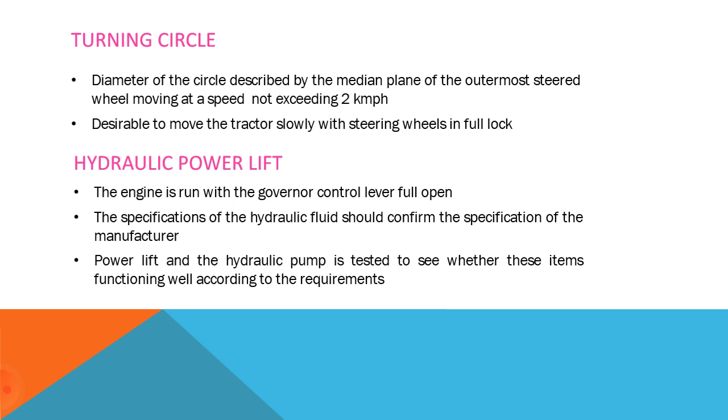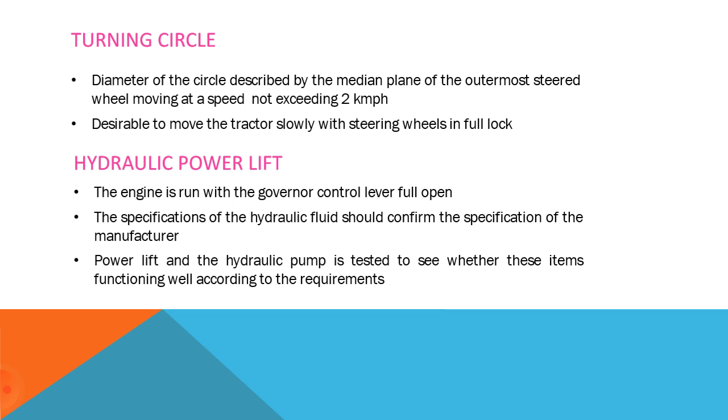The rear wheel center makes a circle, the diameter of the circle described by the median plane of the outermost steered wheel. It is moved at a speed not exceeding 2 km per hour, and it is desirable to move the tractor slowly with the steering wheels in full lock condition.